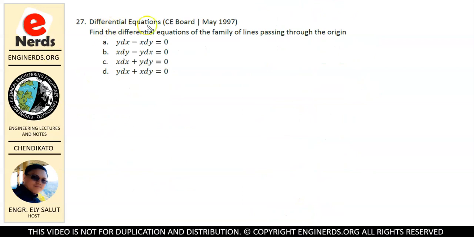Which is differential equations na lumabas sa CE board noong May 1997. Find the differential equations of the family of lines passing through the origin. Okay, so we have a line in here. Okay, so let's remember that our equation of the line is y is equal to mx plus b.